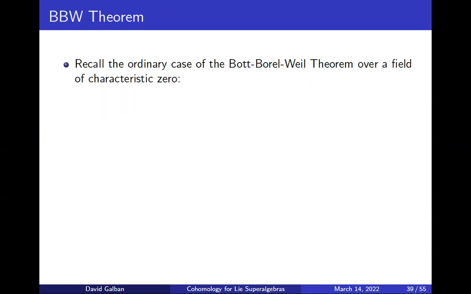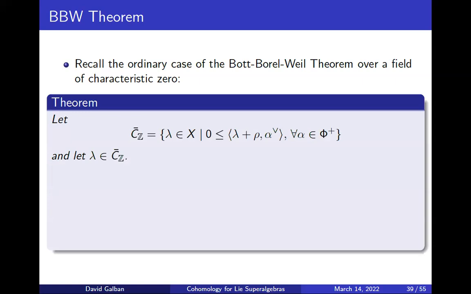In addition to that, we also have a result that's an analog of the Parabolic theorem. So recall what this says over a field of characteristic 0 for an ordinary algebraic group. Let C_Z bar denote the set of all lambda in X such that 0 is less than the pairing of lambda plus rho with alpha check for all positive roots alpha, where rho is the half sum of positive roots, and let lambda be some weight in C_Z bar.